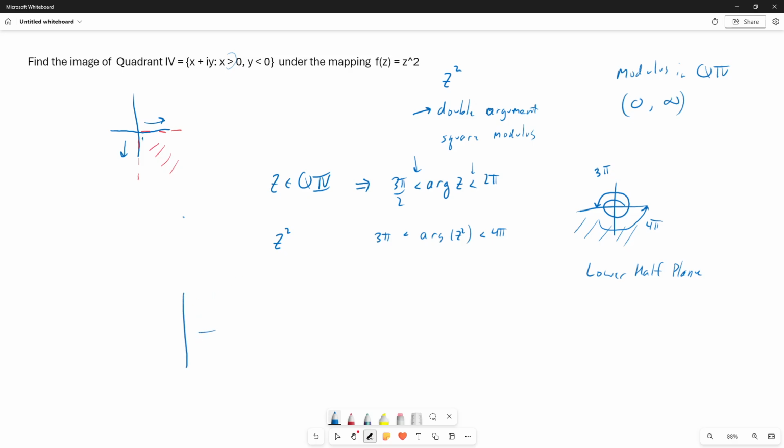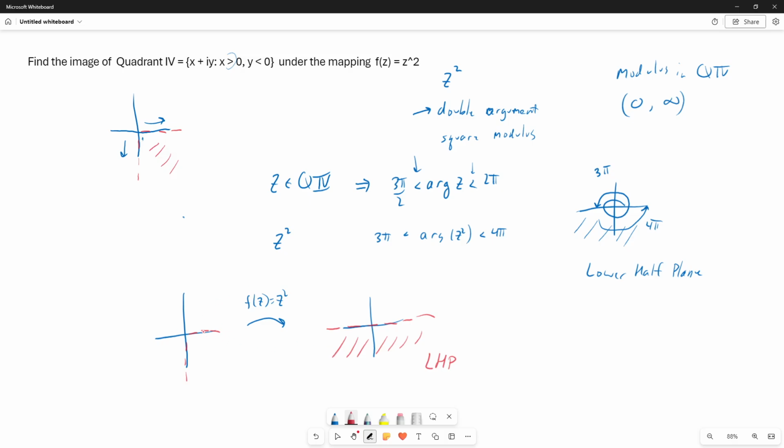So if we start with the fourth quadrant here, and we do f of z equals z squared, then the image is going to be the lower half plane. The image of the fourth quadrant is the lower half plane.